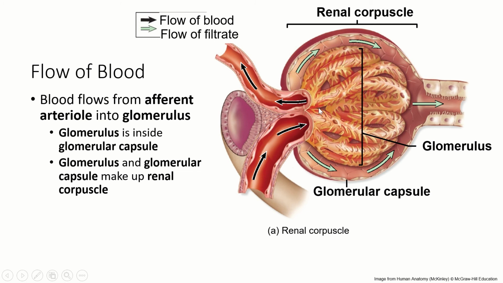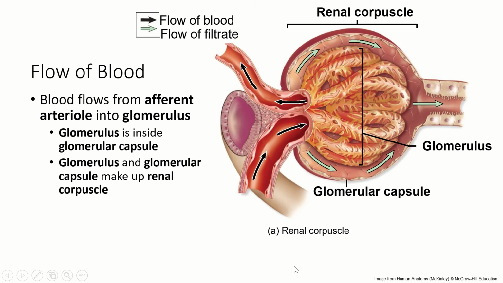It's wrapped in some special cells that we're going to talk about in a minute. The glomerulus has a little space around it, and then around that space is the glomerular capsule. The glomerular capsule and the glomerulus together make up the renal corpuscle. Okay, so the corpuscle is the whole thing. This layer is the capsule, this is the glomerulus.